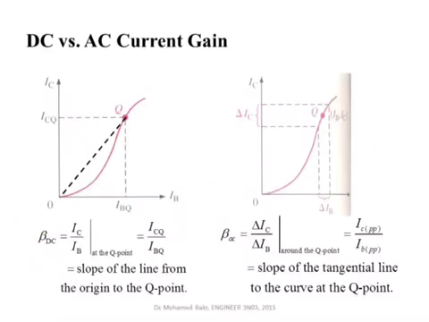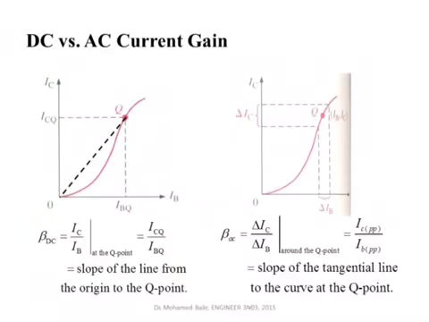If you try to plot the I base versus I collector, the relationship will have some profile. It's not exactly linear, except when we are in the forward active region. When you get the ratio between IC to IB, you are getting the ratio between this height here and this distance here. So it represents the slope as measured from the origin. This is what we call the DC current gain.